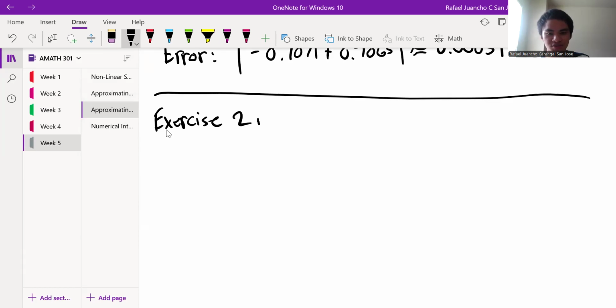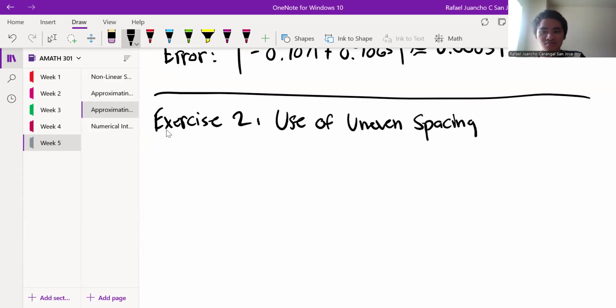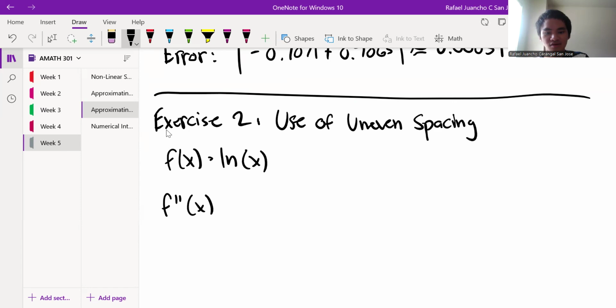Okay, so here is the second exercise. Here we're gonna be encountering uneven spacing of data. So let's say, okay, we have f of x as a natural log function. We want to approximate f prime of x at x equals 2.